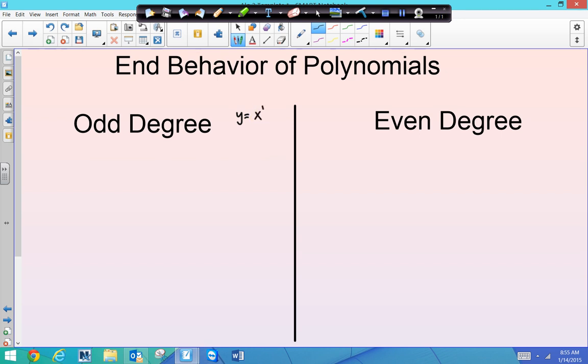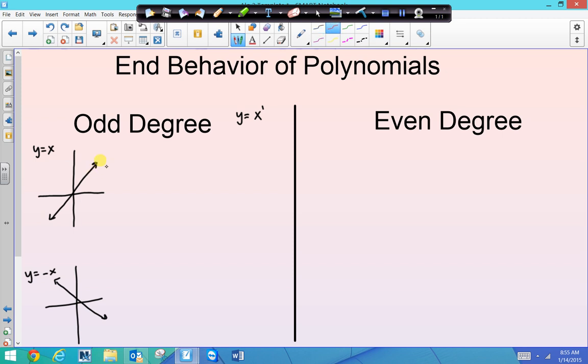It's the odd degree. So our end behavior is going to either look like y equals x or y equals negative x. So if we remember what y equals x looks like, and what y equals negative x looks like, we've got our two functions listed.